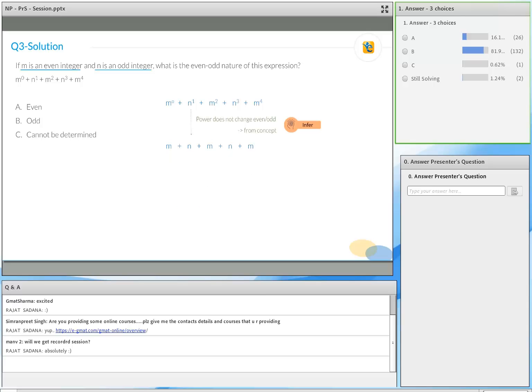You blindly applied that the power doesn't change the even odd nature, and you applied that over here to m to the power 0. You took that as m, right? And that's where you made a mistake. And you ended up selecting choice A as the correct answer. This is absolutely wrong.